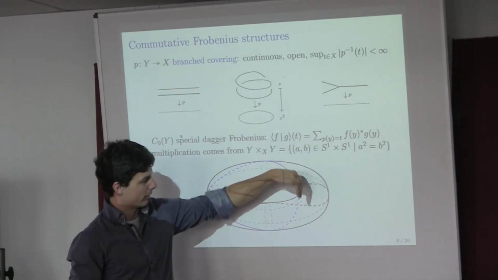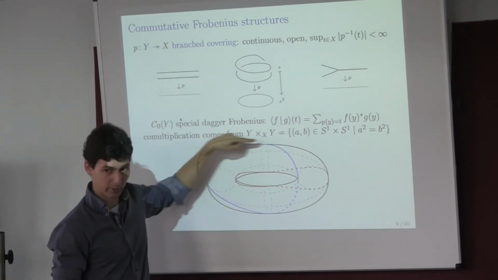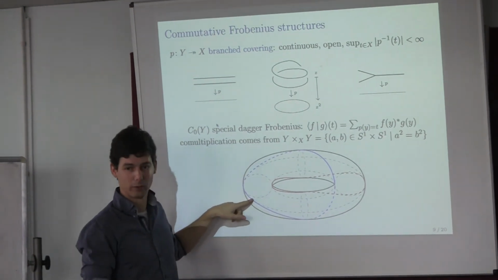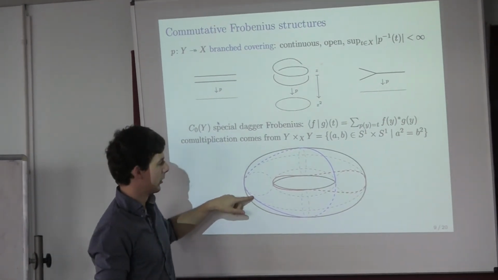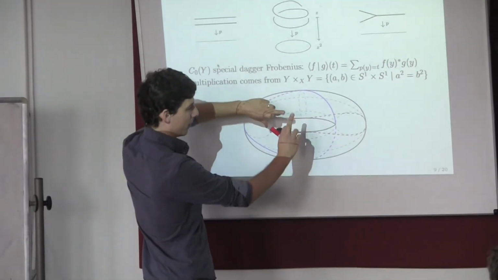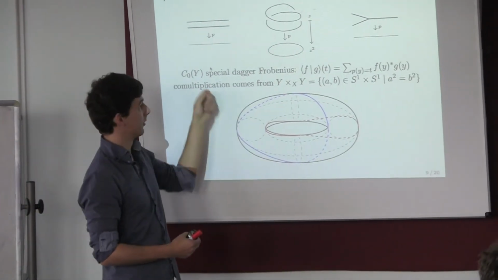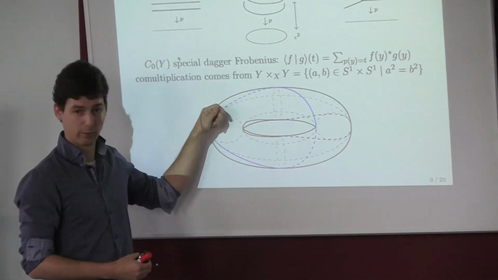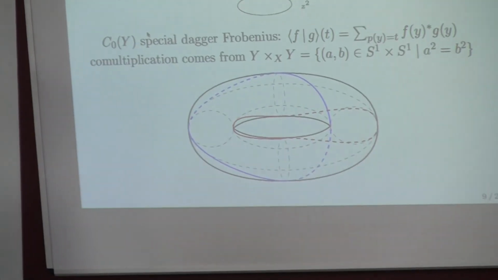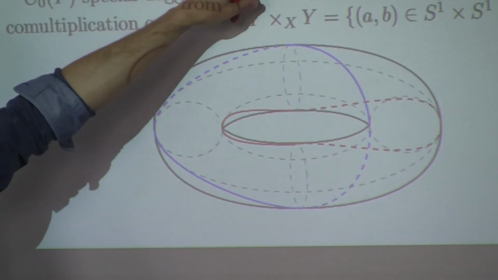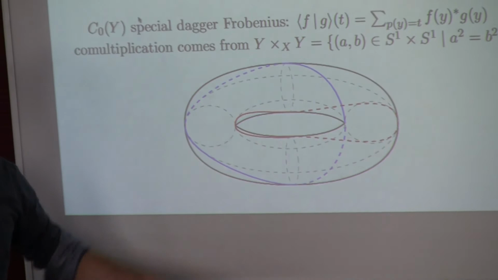If I take coordinate 1 along here and coordinate 2 around here, the blue points are all the ones where coordinate 1 squared equals coordinate 2 squared. And the point to notice is these two curves are disjoint. So it's not like they're looped, I can actually take one of them and co-multiply. So the fact that this has no global sections is not a problem there.